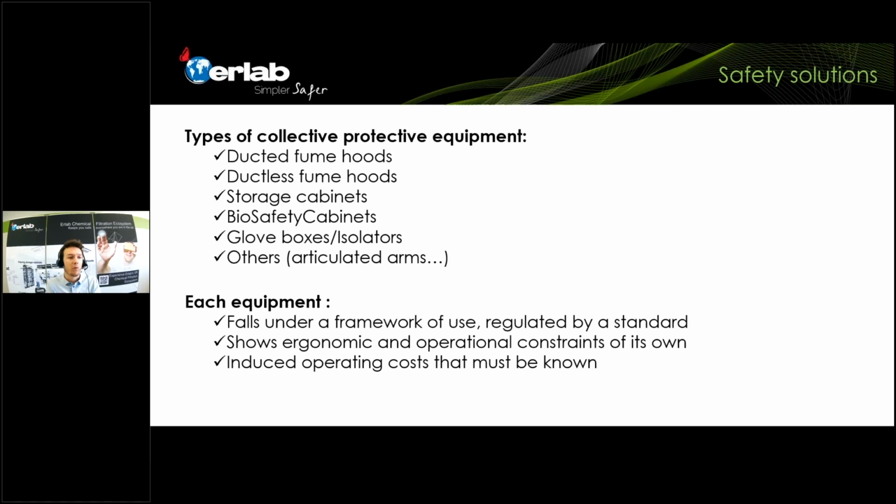So these are some examples. You have ducted fume hoods, you have ductless fume hoods, storage cabinets, of course, biosafety cabinets if there is a question of microbiology. You have glove boxes, isolators, but you also have other safety equipment like articulated arms, etc. So it's really important that you know which equipment we need according to the risk that we're exposed to.